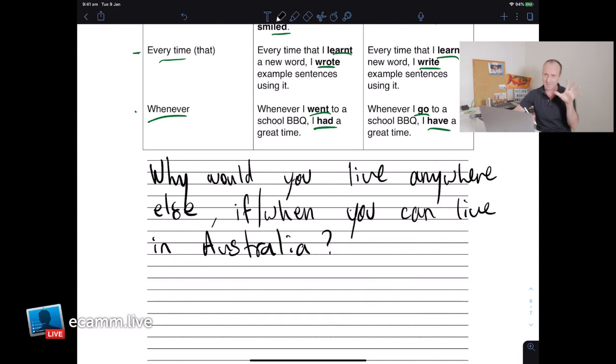Now, I don't remember actually, sorry Jackson, if you put "when" or "if", but you could do both. Cool. You could do both.